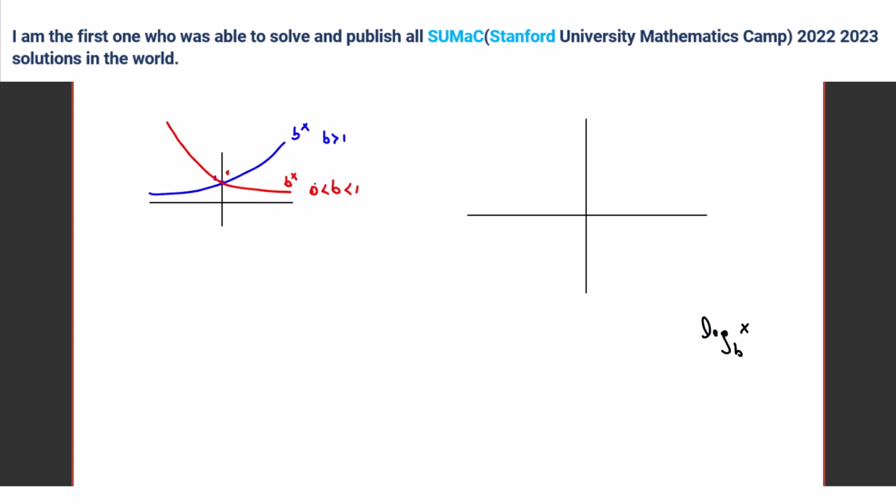Okay, they usually don't define it. For b less than 1, b greater than 1. For log b of x, can you tell me what the graph would be?